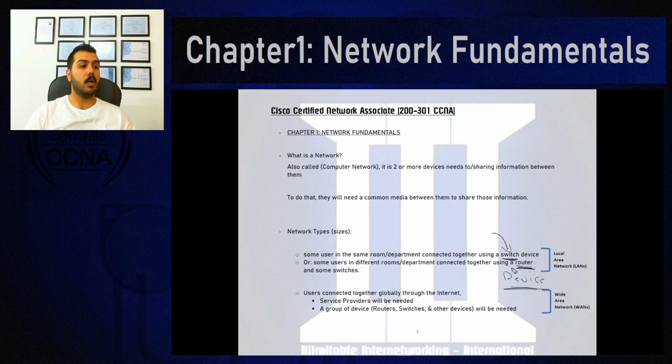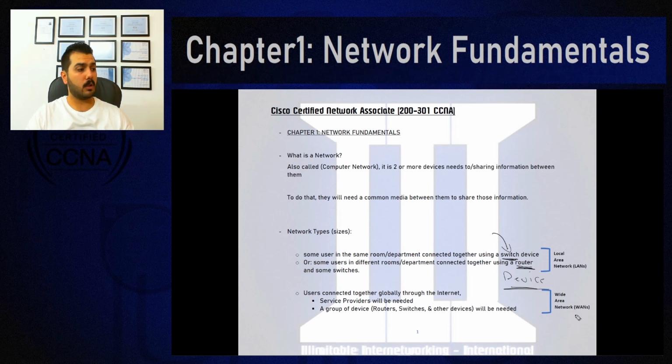So right now, the first type of network, which is one of two, is the LAN, and you can indicate that LANs have small sizes, not a big geographical spot. It's only a few users, a few computers connected together using a single router and some switches. We will see this in detail.